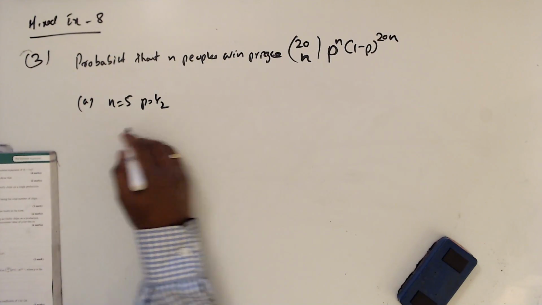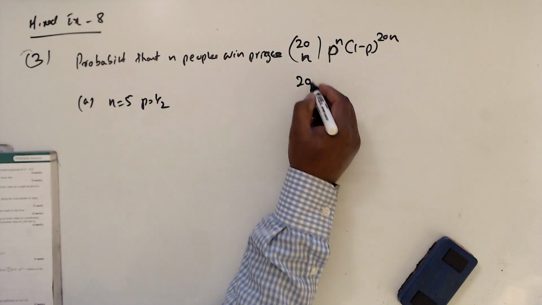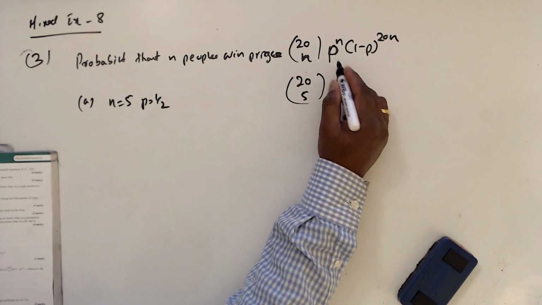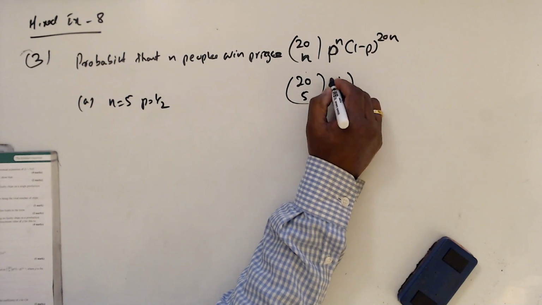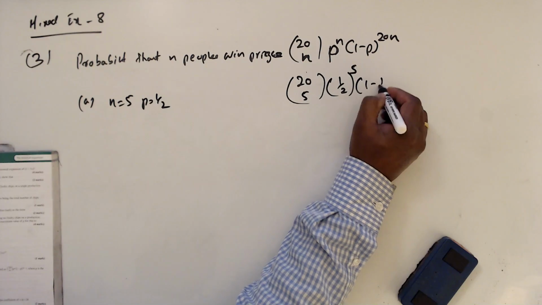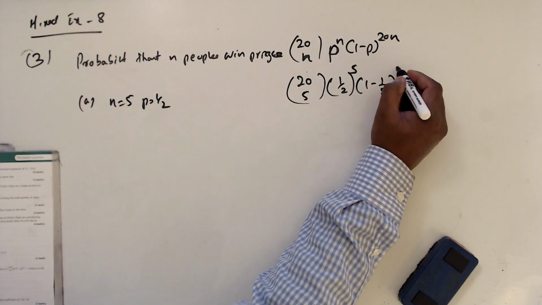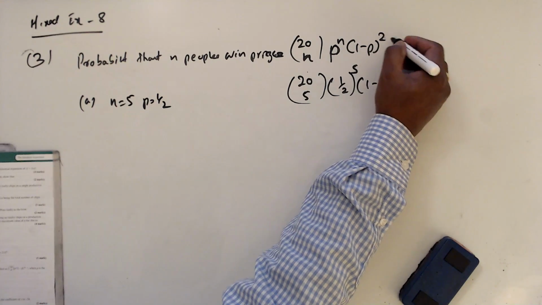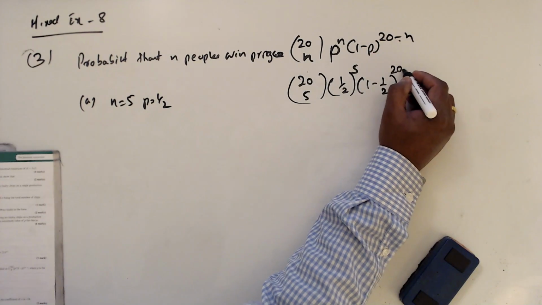So 25 times p, which is half, to the power n, which is 5, and 1 minus again half to the power 20 minus n, 20 minus 5.